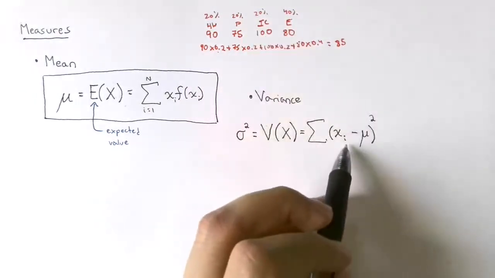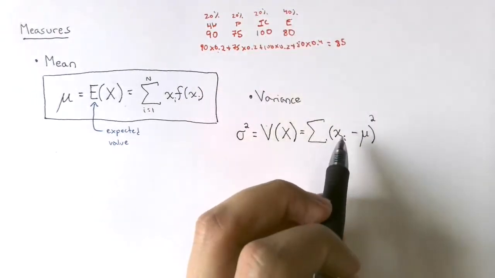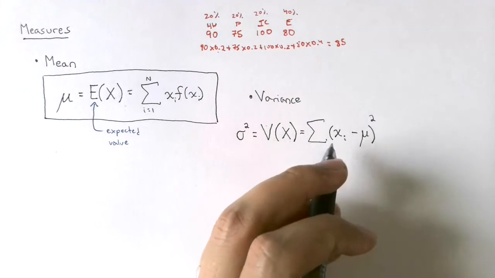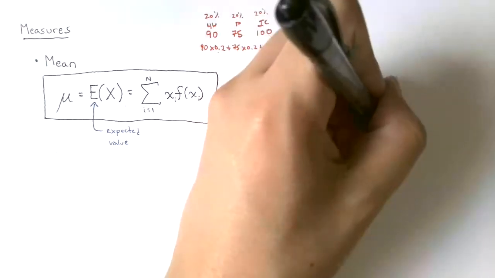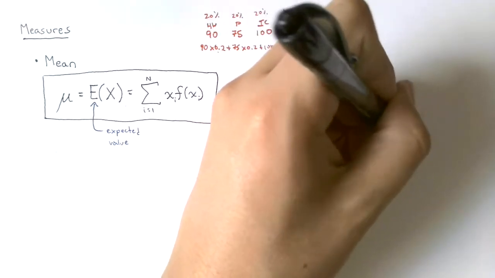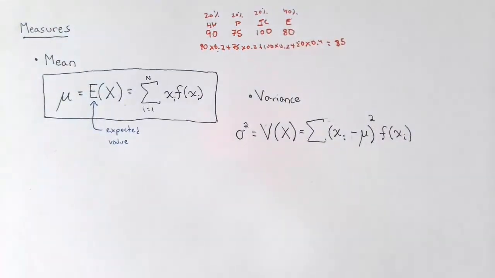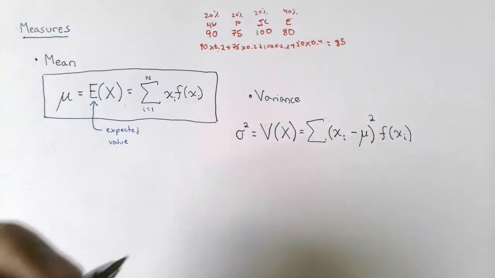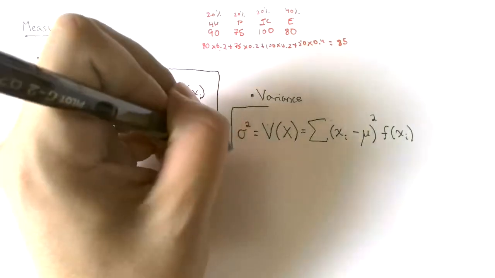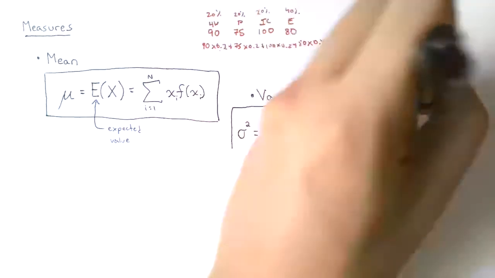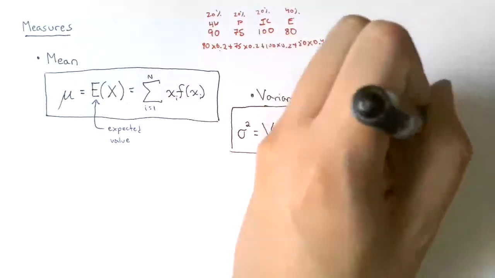And of course, we need to weigh each outcome because different outcomes will have different probabilities of appearing. So we weigh each outcome by its probability mass function. So that is my variance. It gives me the square of the dispersion of my values.